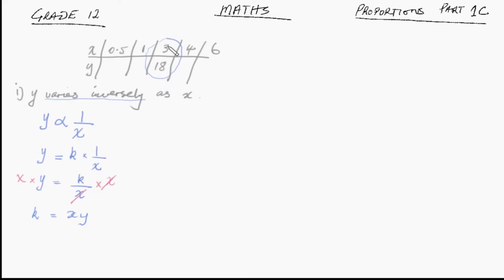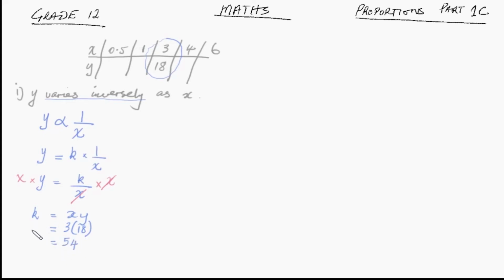They gave you a value of x with its corresponding value of y, so that they would enable you to find k. Now our k is equal to x times y, in that case 3 times 18, which is 54.